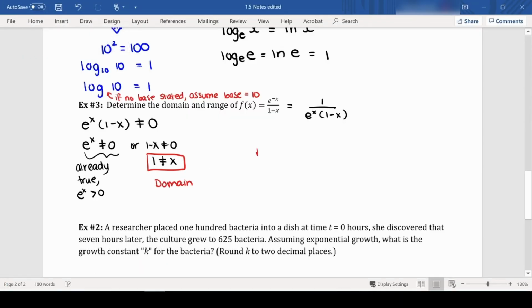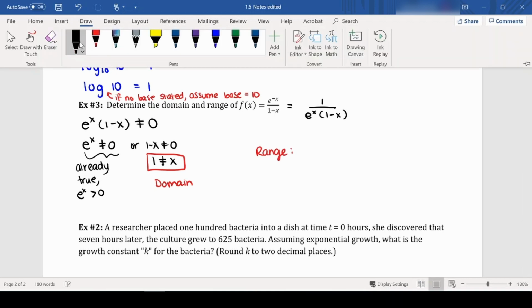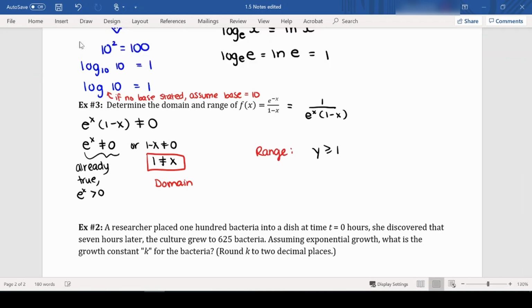One piece for your range was that y had to be greater than or equal to 1, and your other piece was y is less than 0. Okay? Graph to see this easily.